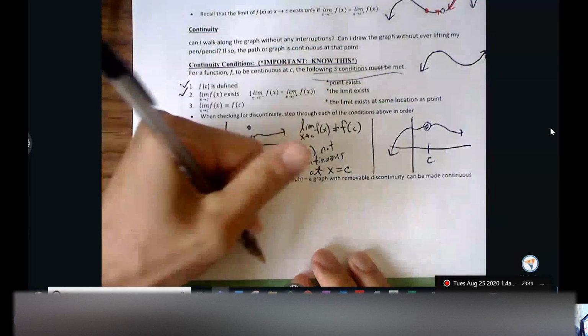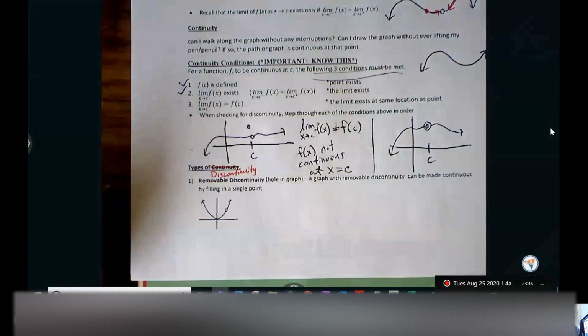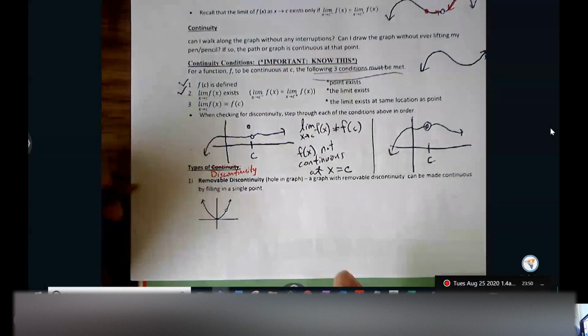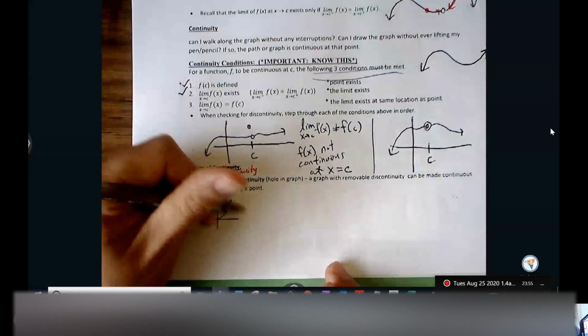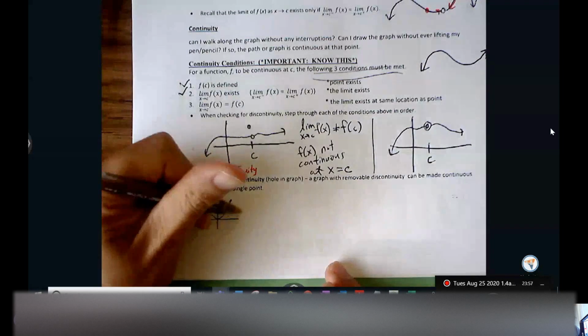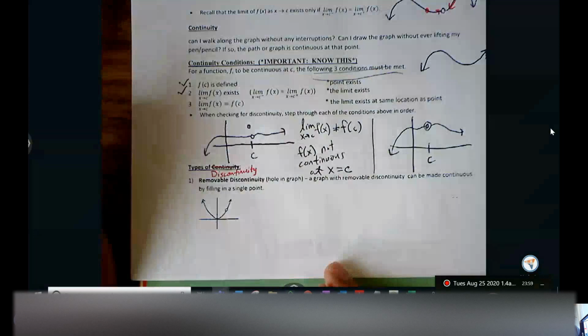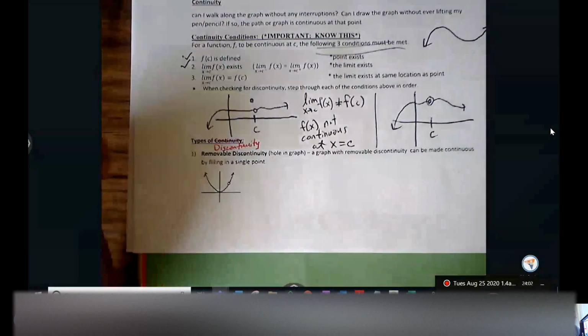So let's step through the conditions for this one, and I want to talk about where we stop and what we look for within our continuity conditions. What does it look like to achieve this type of discontinuity?